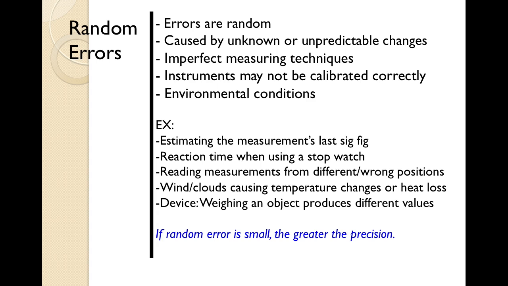Maybe you're tired one day, and the other day maybe you had some caffeine, and so your reaction time is different. Reading measurements from different or even wrong positions can give you different points. Winds, clouds, they can cause temperature changes, and maybe the device itself, you could weigh an object 3 times in a row and get 3 different values.